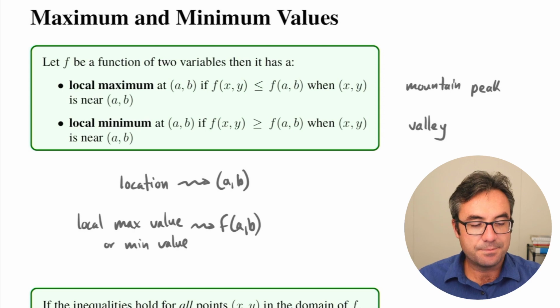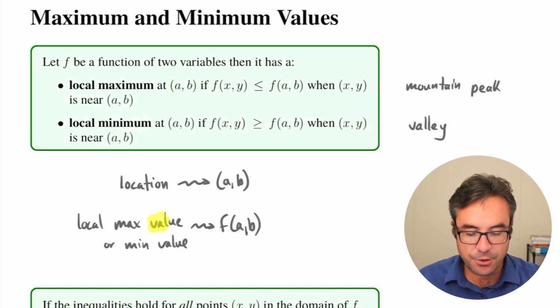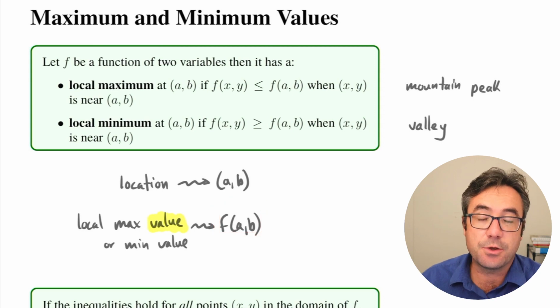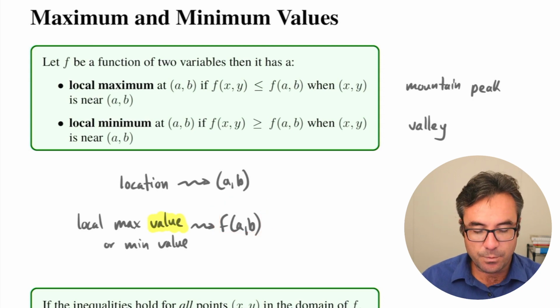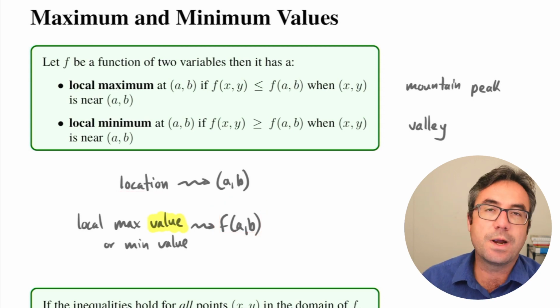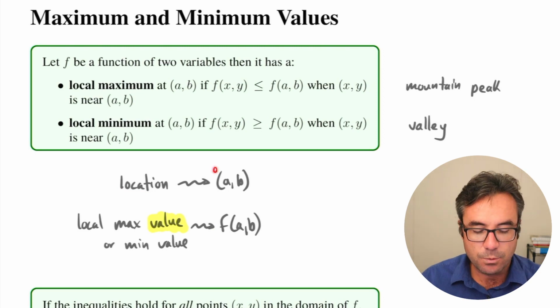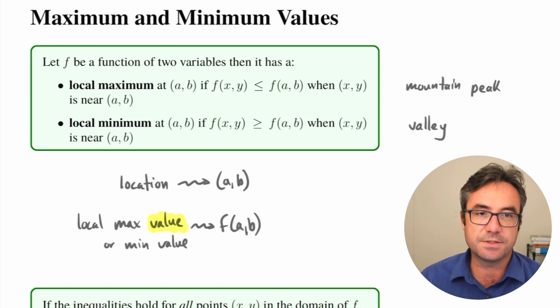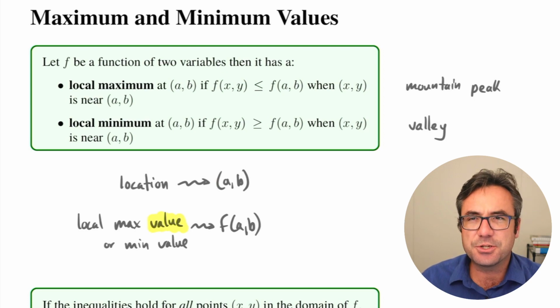So when we say the word value here, that implies that we're actually talking about the function value at that point. And when we're talking about finding where the max or min happens, we're really just talking about the location. So we're just talking about the coordinates of the point. So just a little bit of terminology there.